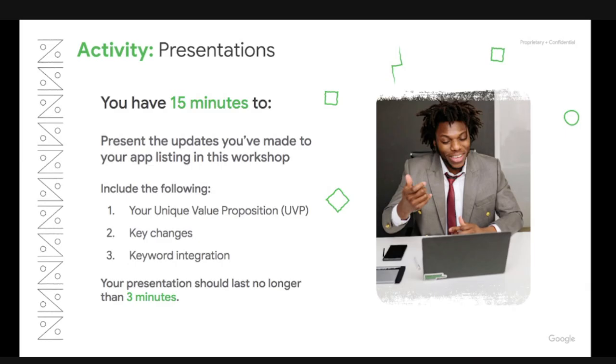Why? Because if someone is looking for an app, it means the person is not well taken care of by the product or app that already exists. That person is looking for something that will fill in the gap. So your unique value proposition must push all those unique features right there on top.